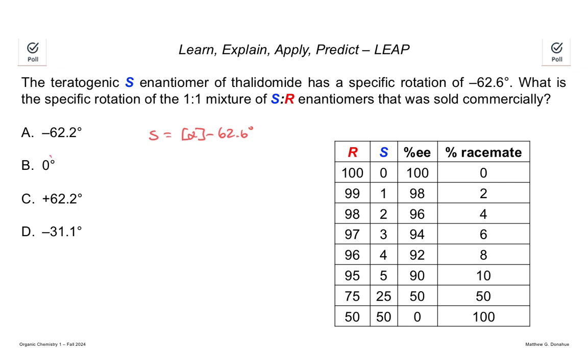It's got to be 0. And then the specific rotation of the pure R enantiomer is what? So it's plus 62.2. So those are again, the three sort of main calibration points.